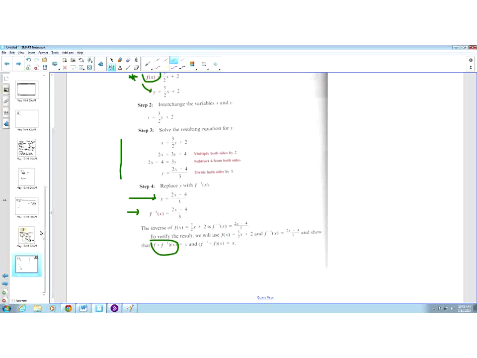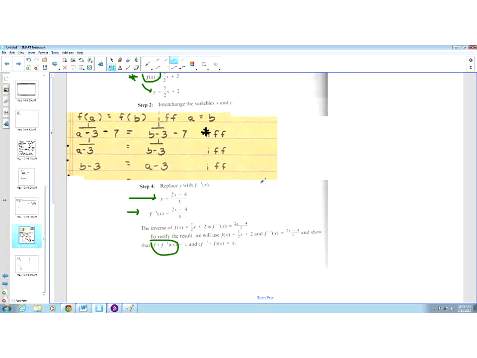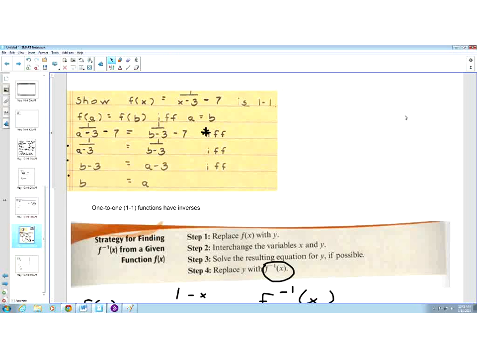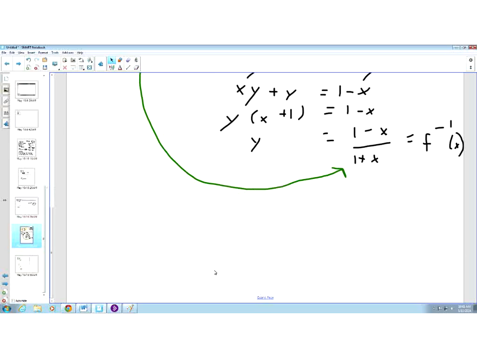All right? So let's go back and check our previous example and verify that this rather peculiar example of the function and its inverse are the same. If we compose the two, we should get x out.